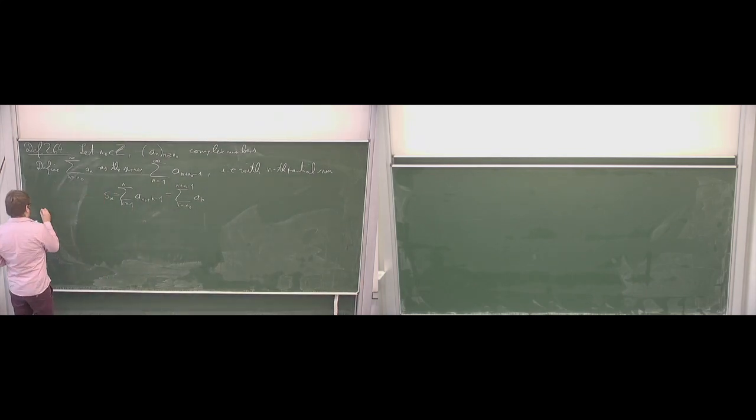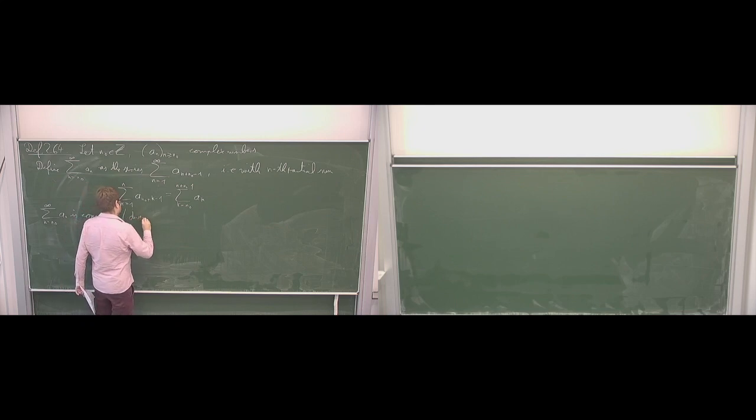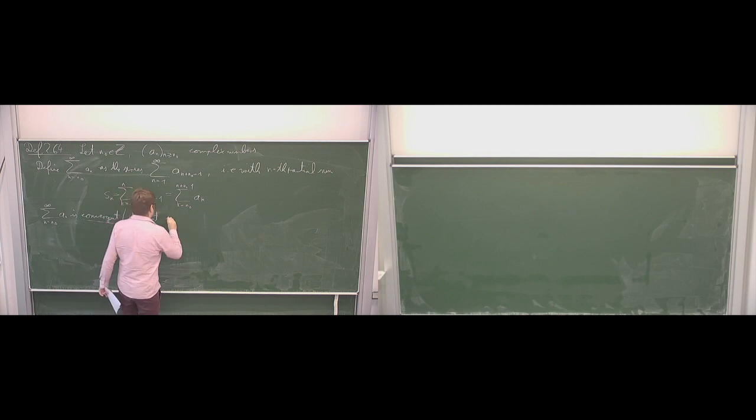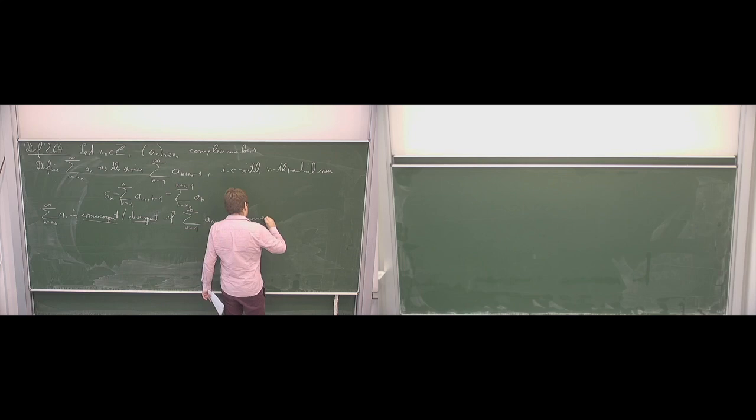And in the same way we say that this expression, the sum from n0 to infinity of a_n, is convergent or divergent if the corresponding series, the series n from 1 to infinity of a_(n+n0-1), is convergent or divergent.